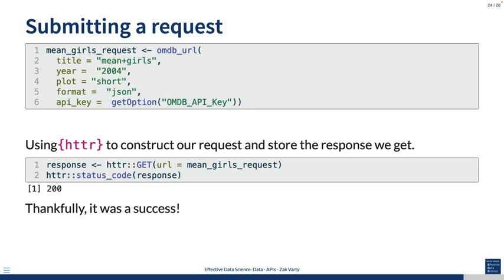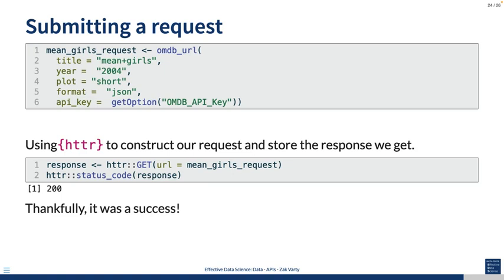We can take this URL that we've constructed and perform our request using the httr package. When we submit this GET request, the result of the function is going to be whatever OMDB's servers respond to our request. This is actually quite a complicated data object, so I'm going to store it in a variable called response, and then inspect its status code just to check that everything's gone to plan.